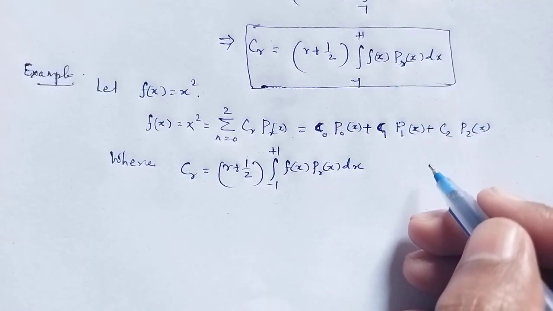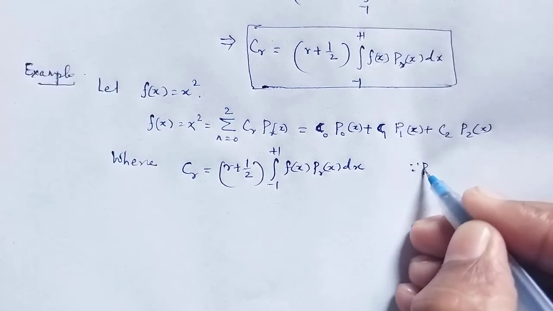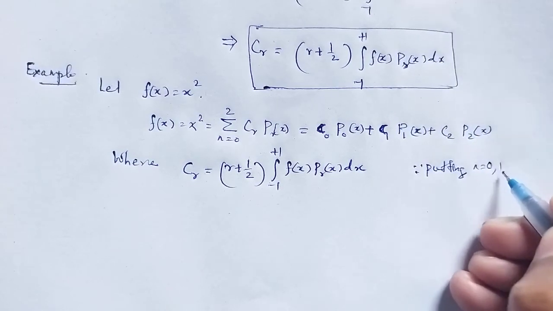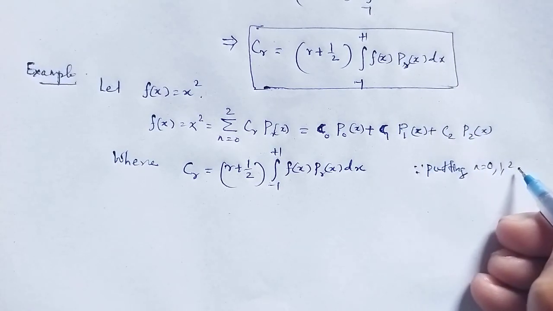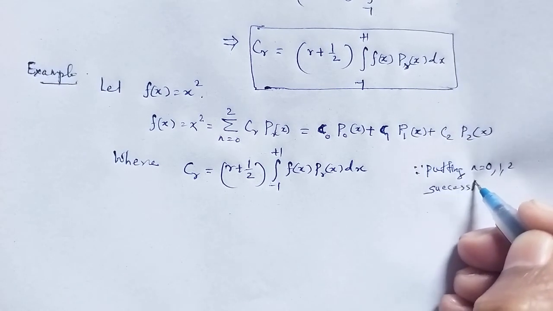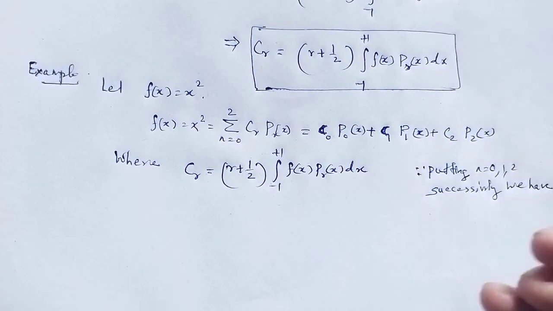Now we put r equal to 0, 1, 2 successively, and we have the following.